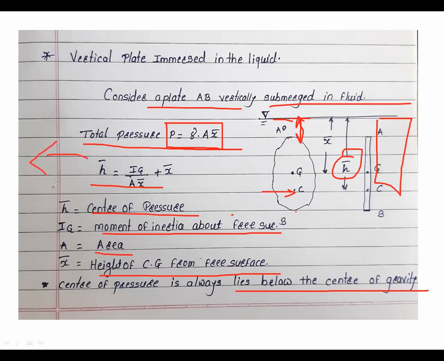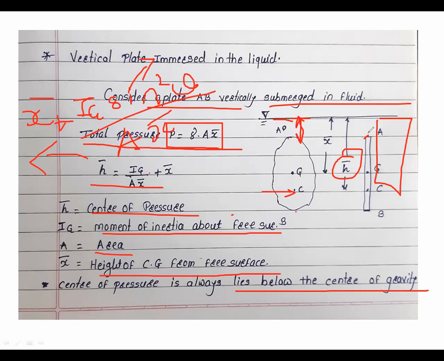In the previous slide, the formula was X bar plus Ig sine square theta divided by A into X bar. So why is sine square theta not present in this particular formula? Because its surface is not making any angle with the free surface.